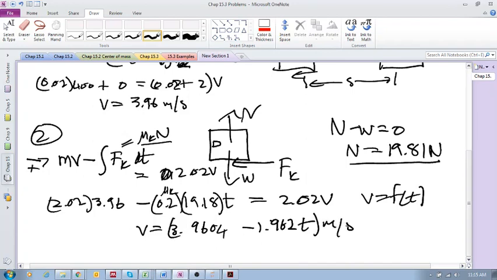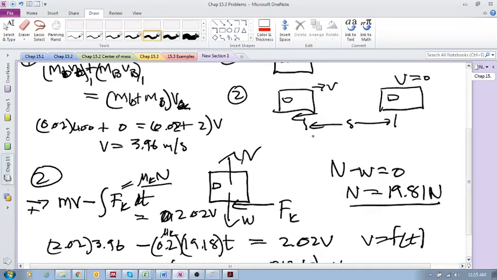So we've got v as a function of time. Now at state 2 we know that v is 0, so if we put a 0 in here, we will find that at v equals 0, time is equal to 2.01 seconds. But that's not what we're after.